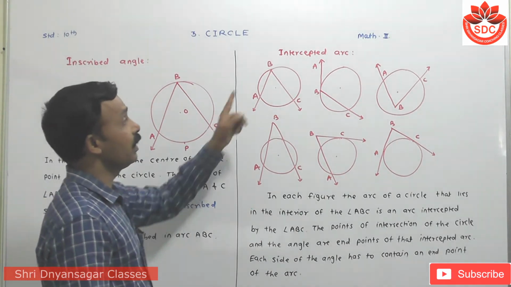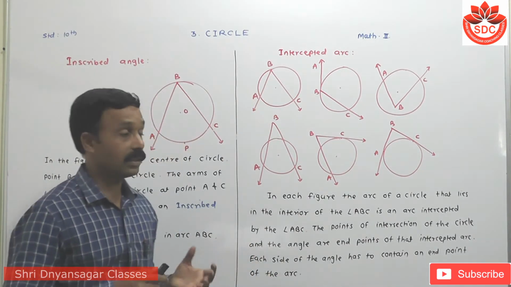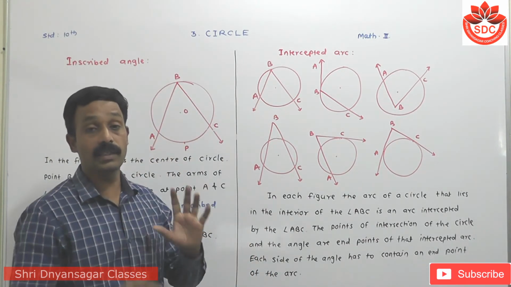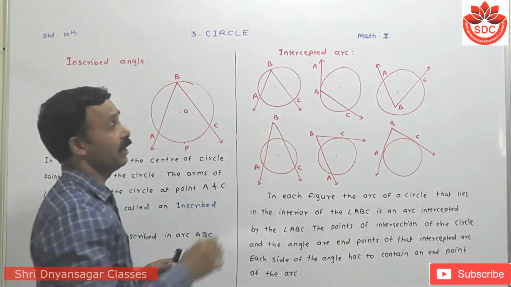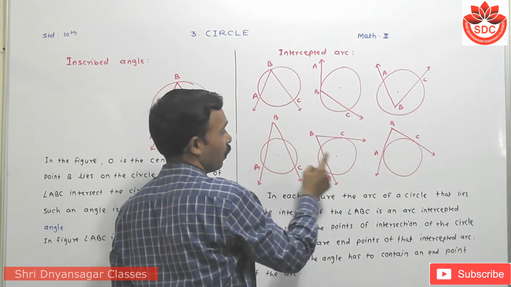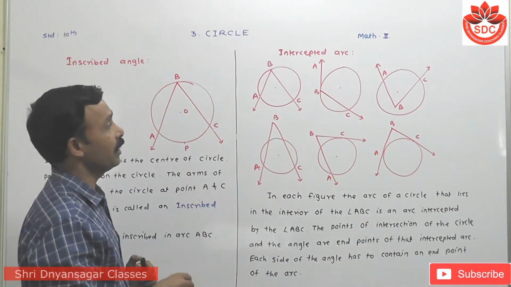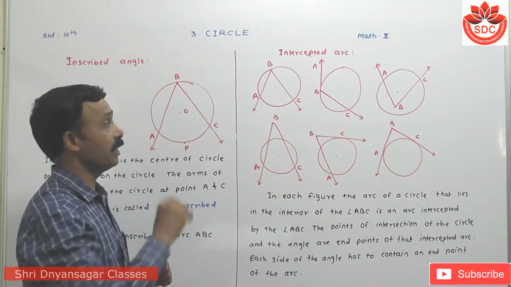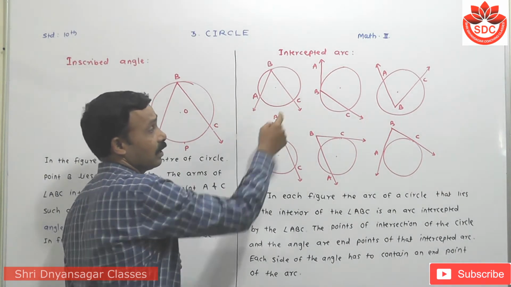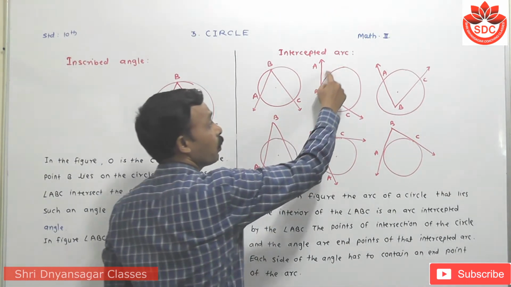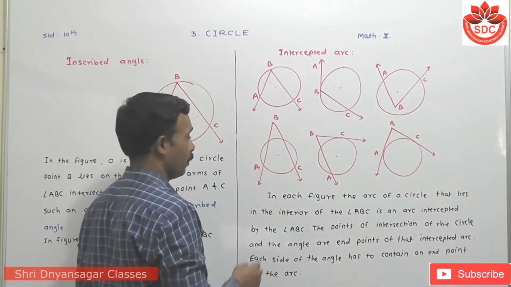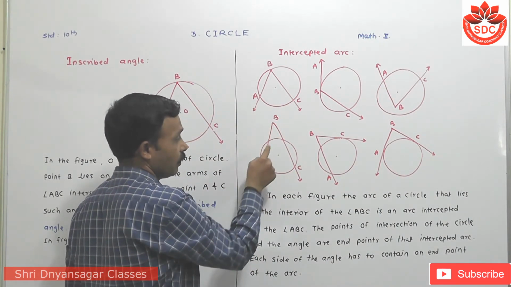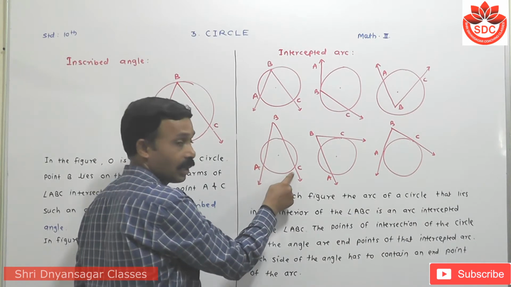Then we see about intersected arc. We have to see which arc is intersected. If we observe all these figures, 1, 2, 3, 4, 5 and 6, in each of them some part is intersected. This AC is the intersected arc here. Here this portion is intersected. Here AC is also intersected. In these 2 portions, this one and this one are also intersected.